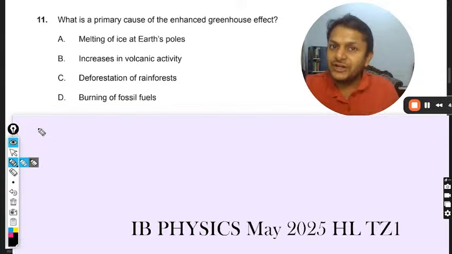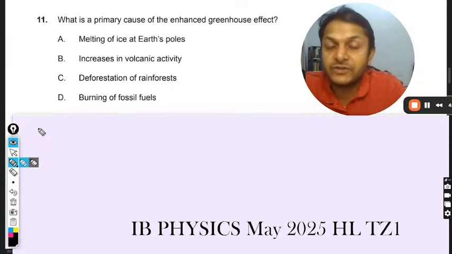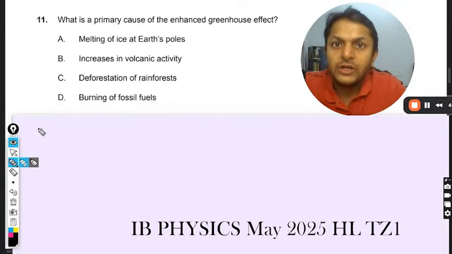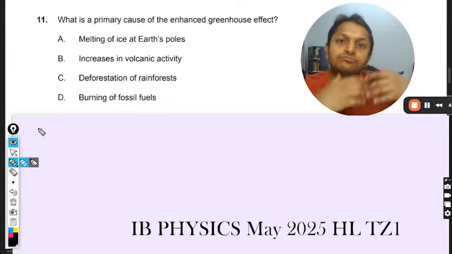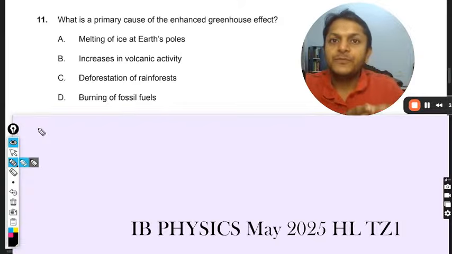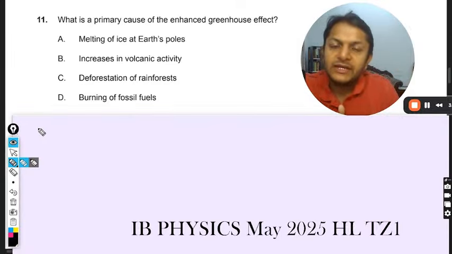So that is the good greenhouse effect. But then there is another, the enhanced greenhouse effect, which is taken to be harmful. Of course, it is because of extra quantity of carbon dioxide gas and water vapors in the environment, which is capturing the heat. So you all know the mechanism of greenhouse effect, isn't it?